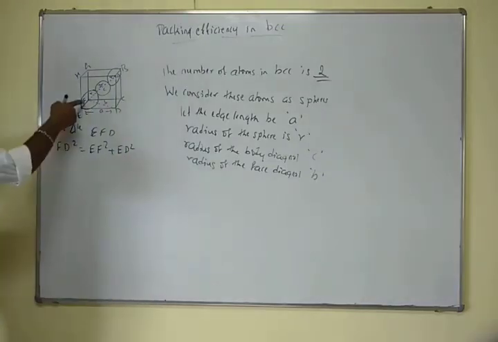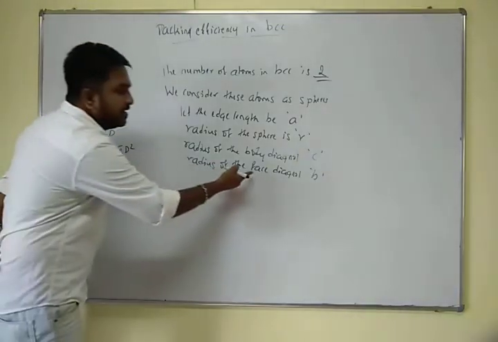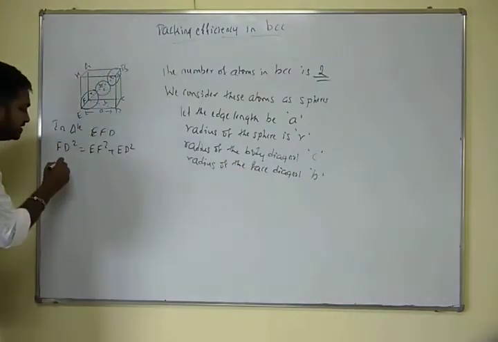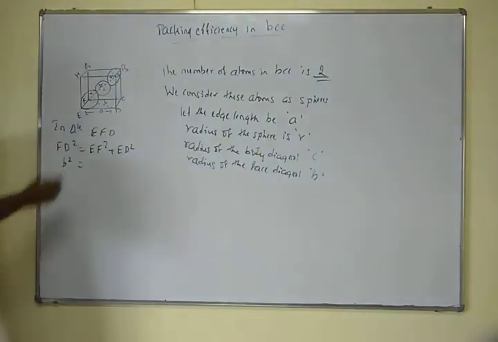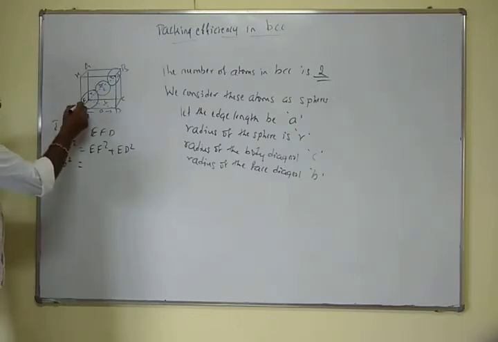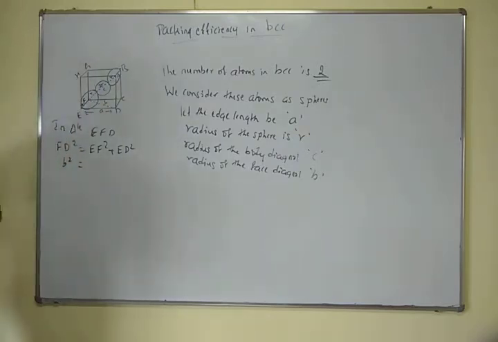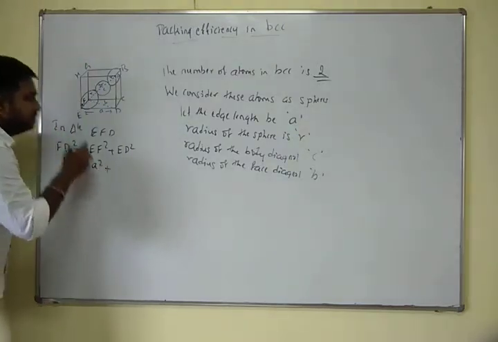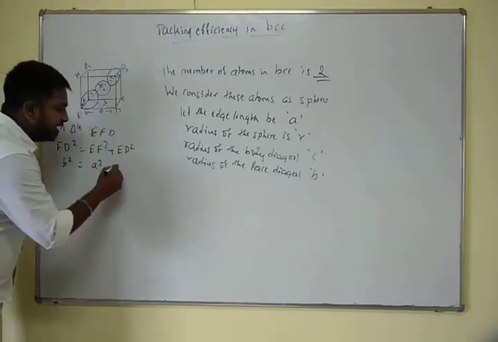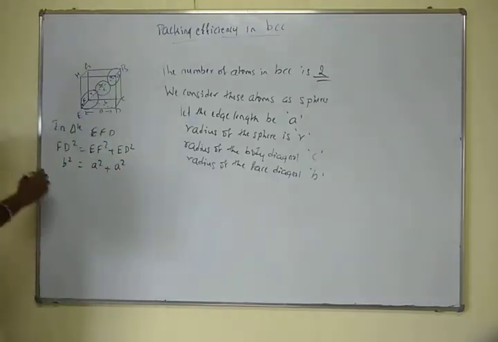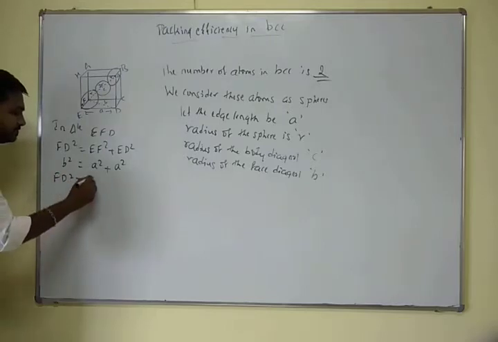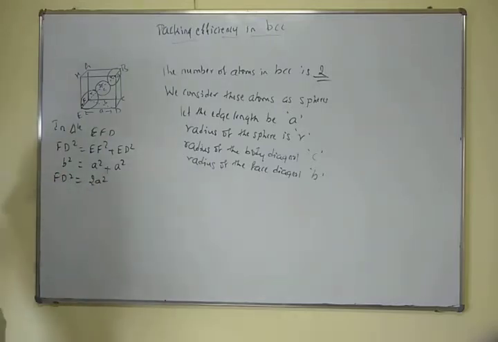Clear? So what is FD square? FD square is the face diagonal. We are representing it as B square. What is EF square? EF square is also an edge, that is A square, plus ED square is also an edge, that is A square. That is FD square equals 2A square.